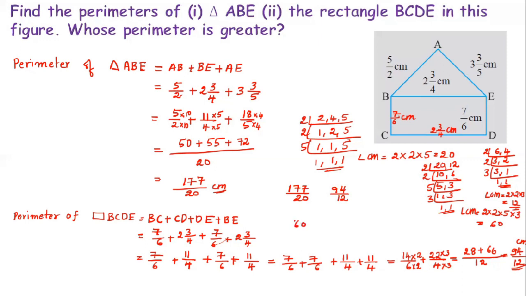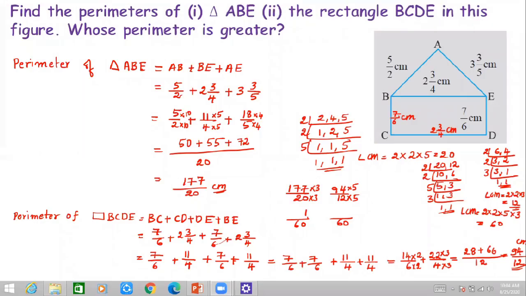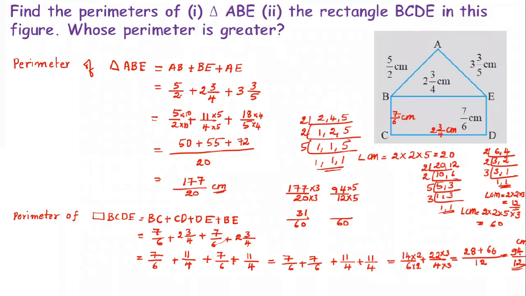Now make the denominator 60. Here also you have to make 60. 20, how much are 60? 3. 3 sevens are 21, 2 remains. 3 sevens are 21, 22, 23. 3 ones are 3, 4, 5. 5 fours are 20, 2 remains. 5 nines are 45, 46, 47. Now which is greater? 531 is greater.